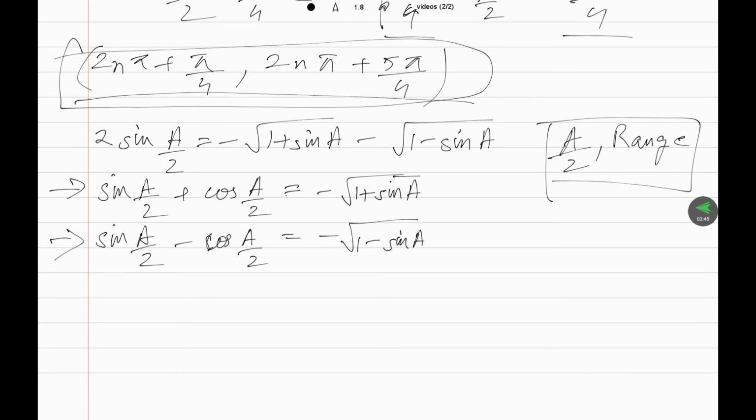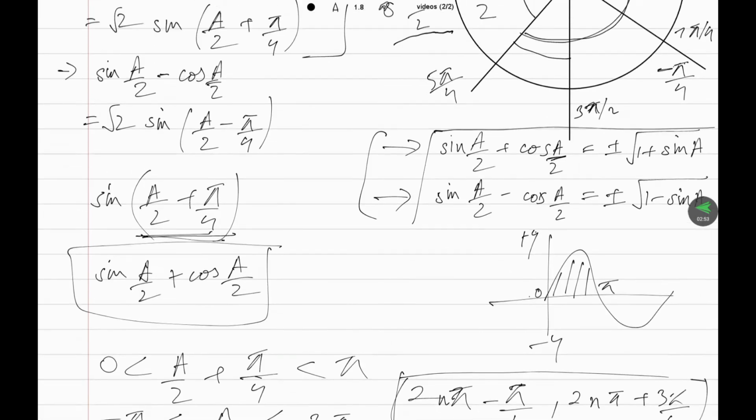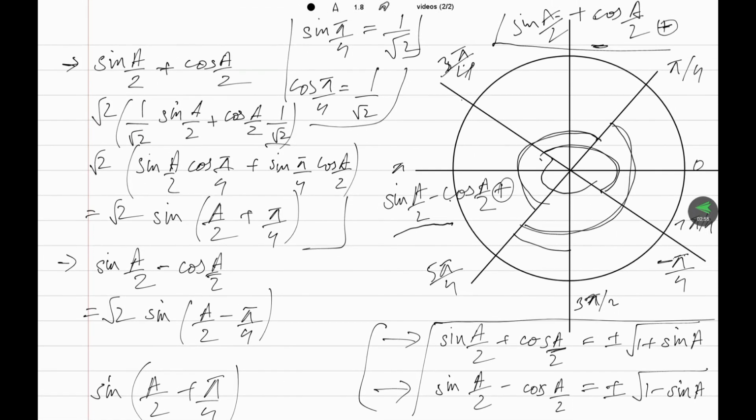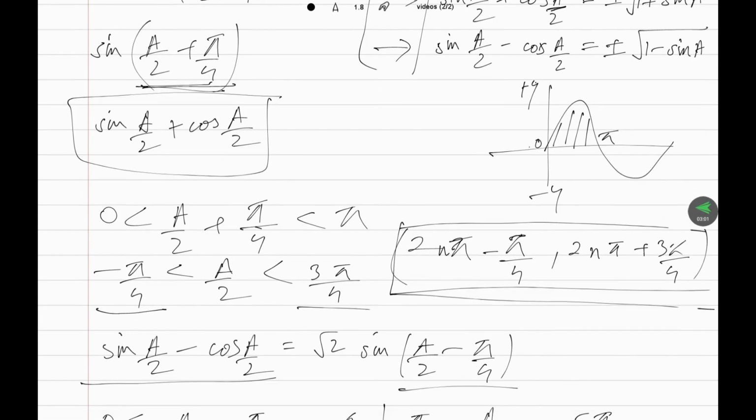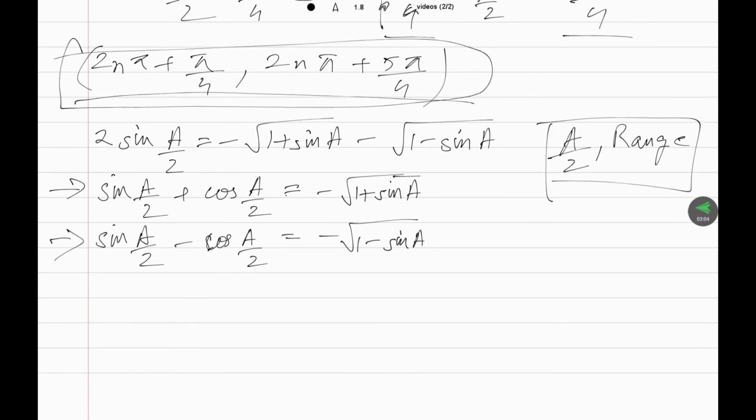Which means 3 pi over 4 to 7 pi over 4, and 5 pi over 4 to pi over 4.